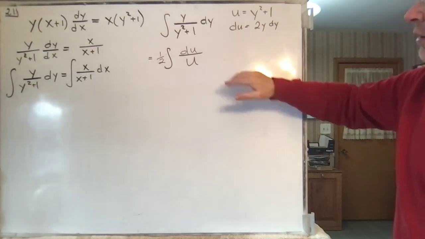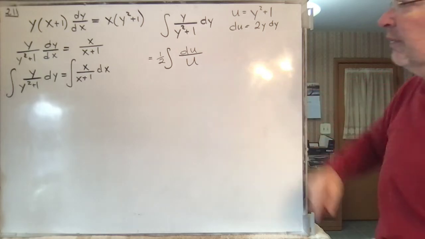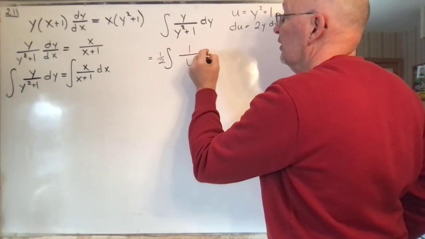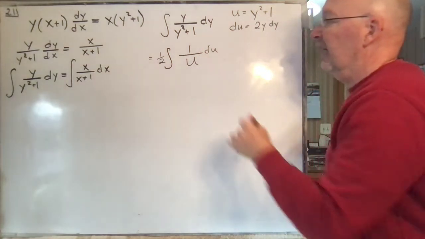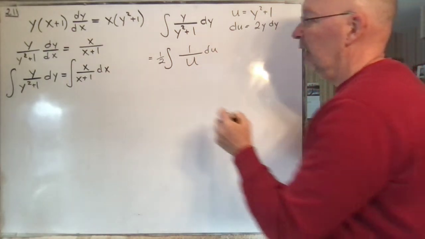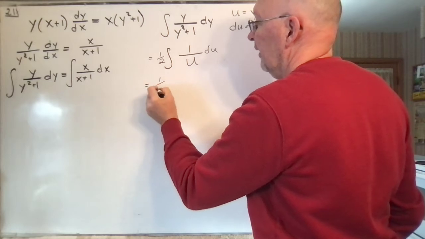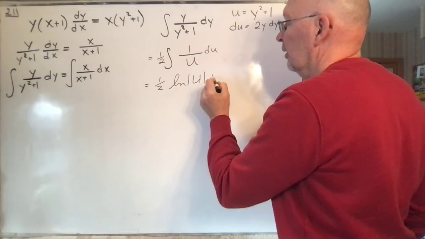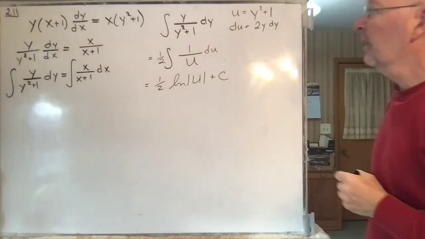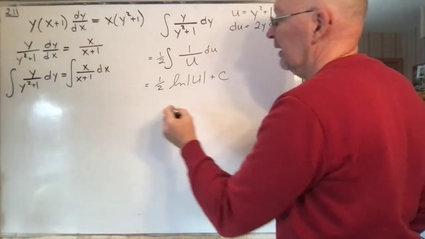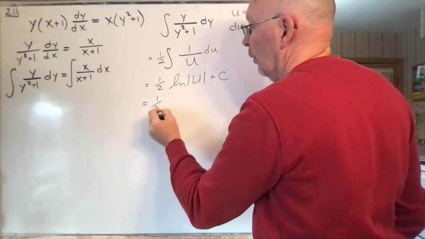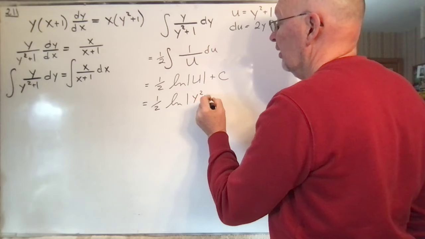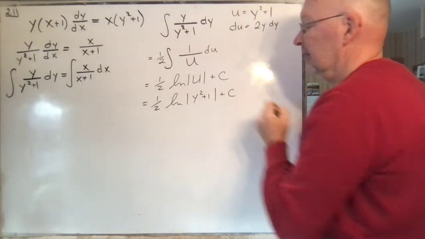Now, remember that the antiderivative of this, you can either write it like that, or if you want to, you can write it as 1/u du. Either way works. The antiderivative of 1/u is the ln of u. So this is 1/2 the ln, actually, of the absolute value of u, plus c. And then finally, you can substitute back in for u and get 1/2 the ln of y squared plus 1 plus c.